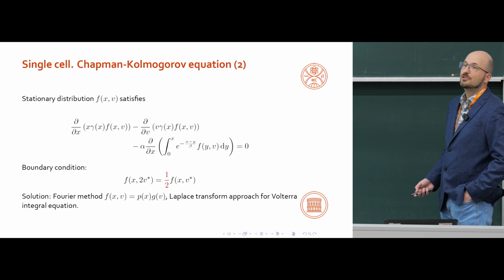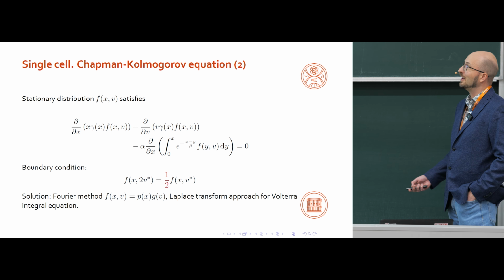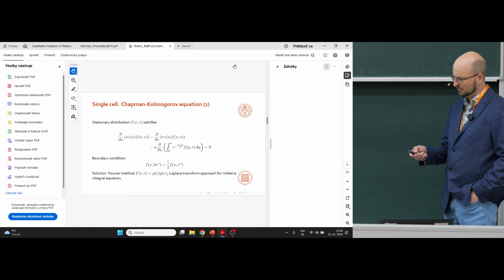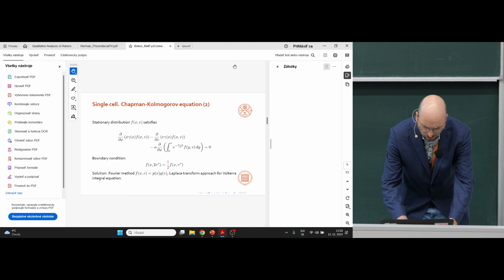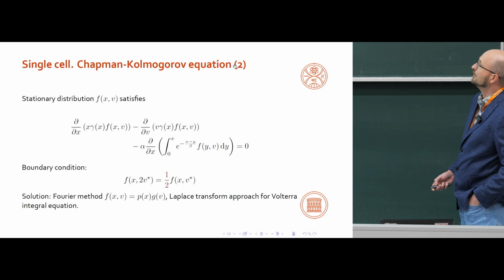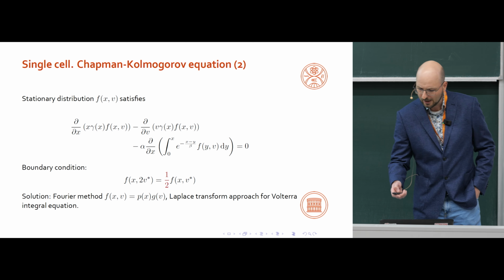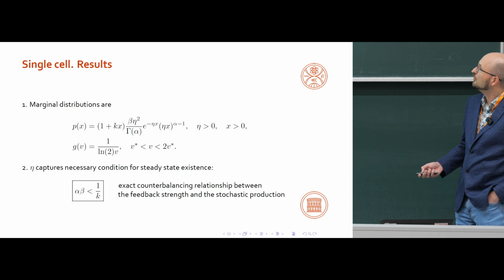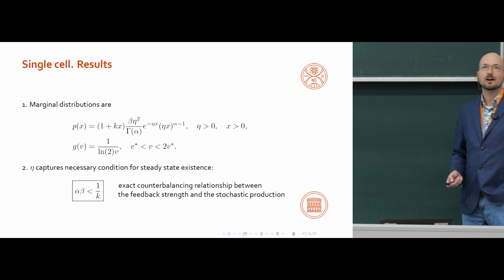And the nice thing is that you can solve it by Fourier method. That means separation of variables. Yeah, so you can solve it by Fourier method, separation of variables, and you can get a nice analytical solution.